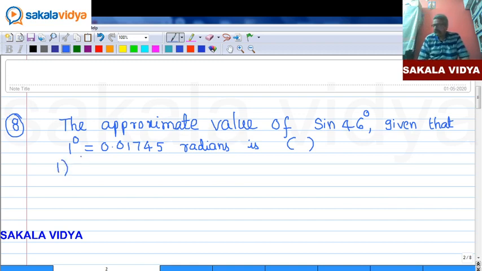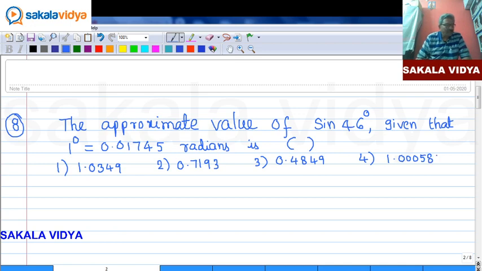First option 1.0349, second option 0.7193, third option 0.4849, fourth option 1.0058.